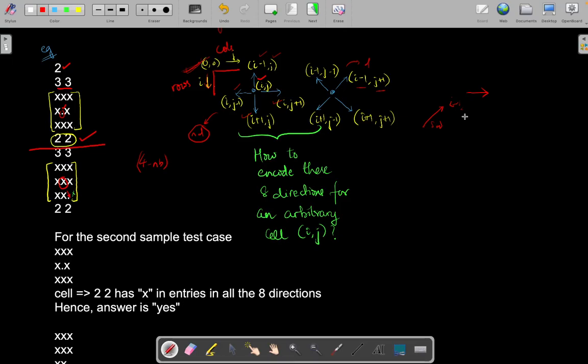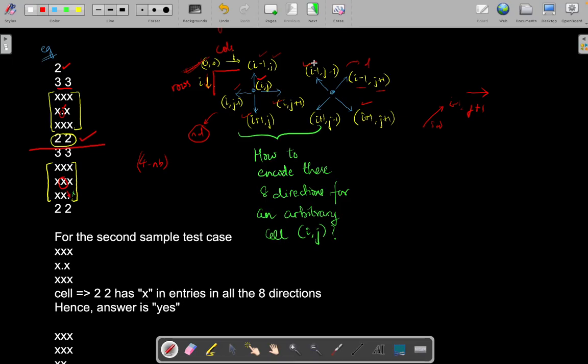Similar arguments apply for all four diagonal neighbors. All it boils down to is these eight types of neighbors, and that is the definition of eight neighbors throughout the question.